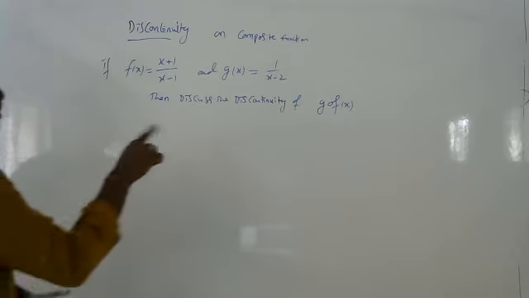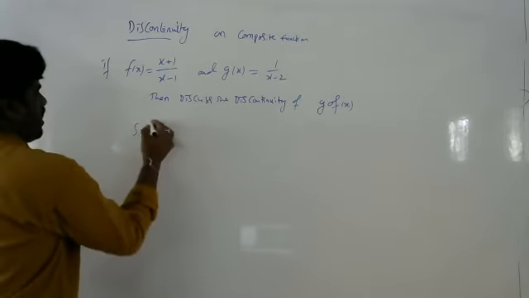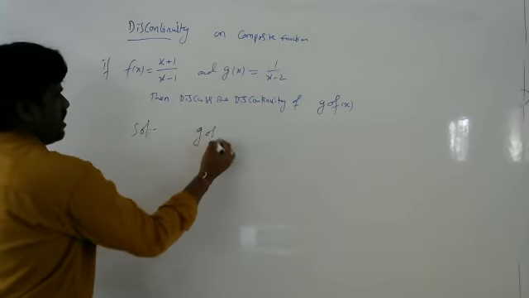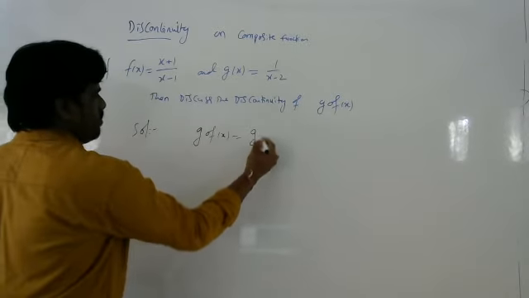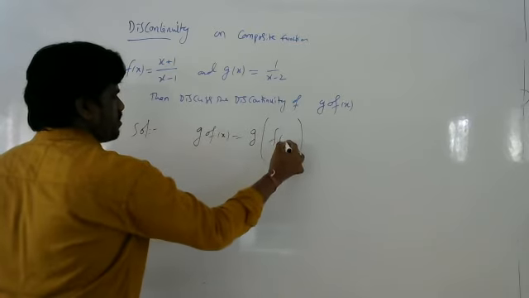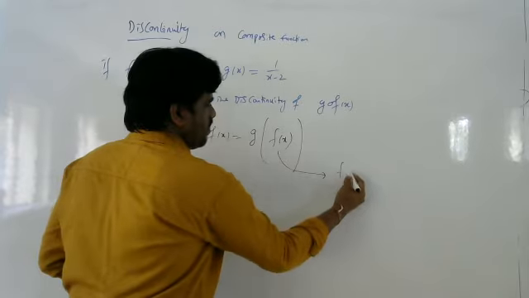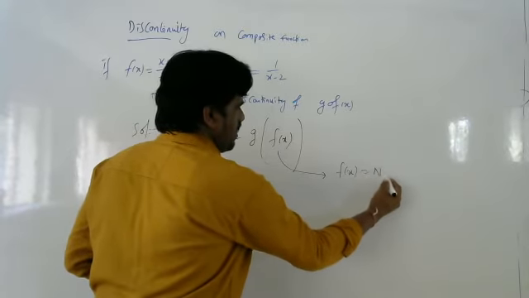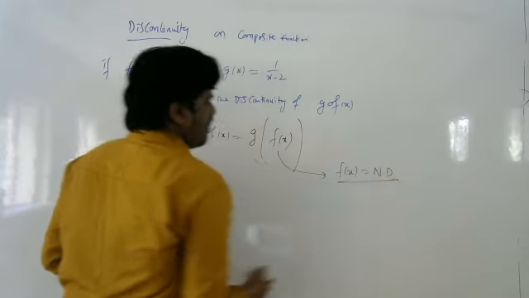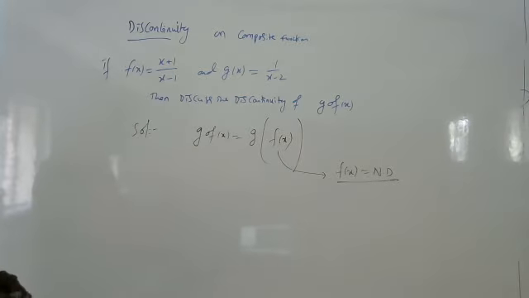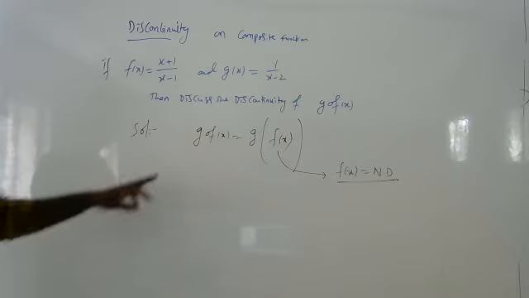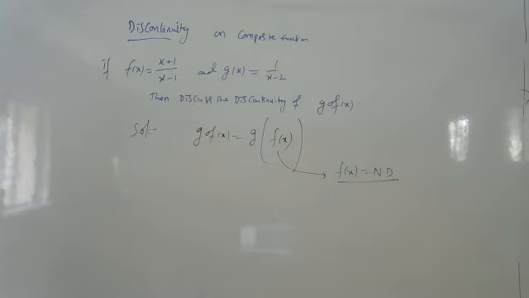Whenever you are doing this, you have to write g circle f of x is equal to g of f of x. Whenever f of x is not defined, then g circle f of x is also not defined. So we have to check where f of x is not defined.